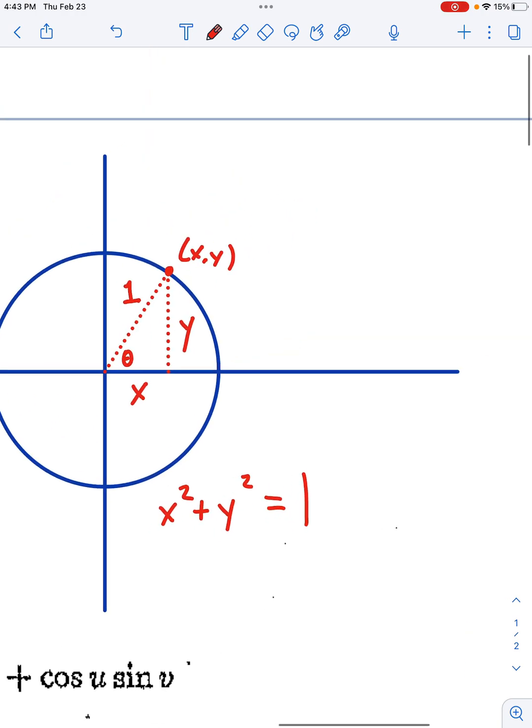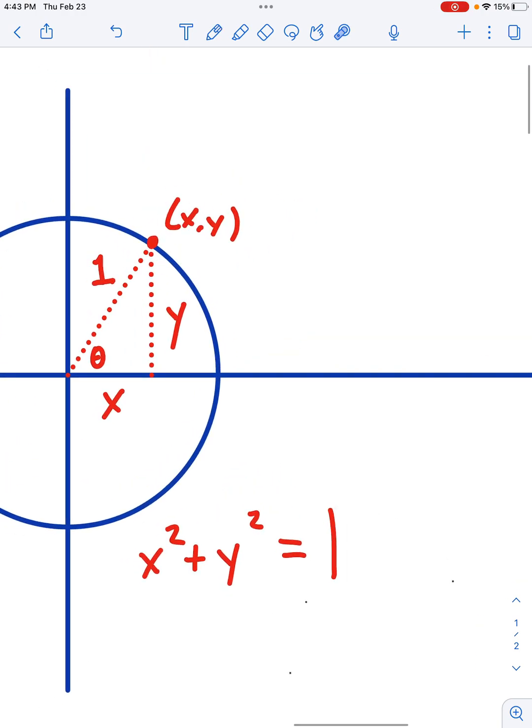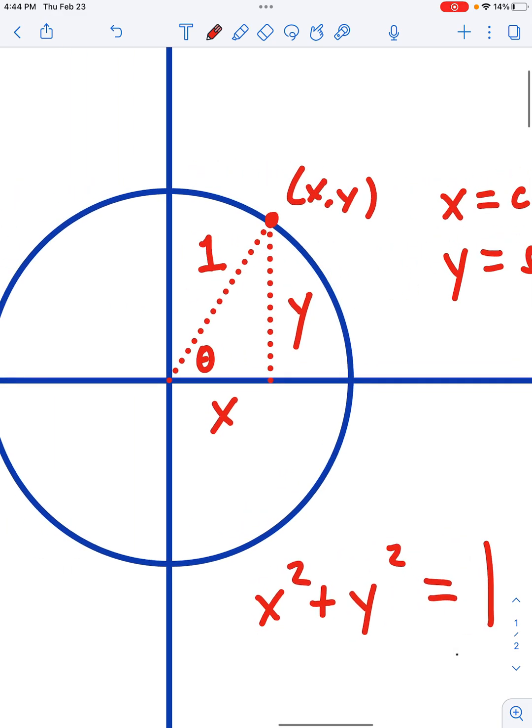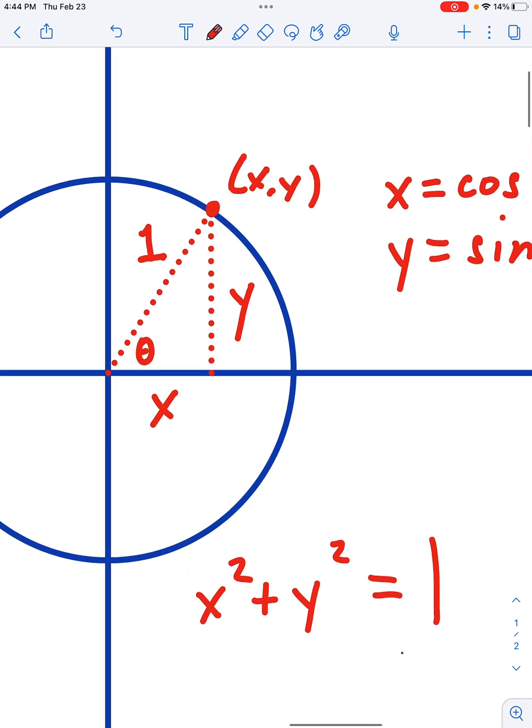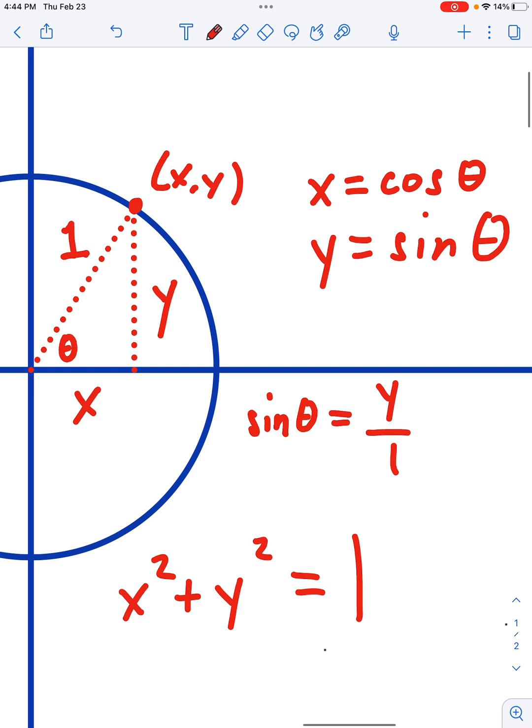But what did I say about these angles? I said it about the quadrantal angles, but it works for any arbitrary angle: x equals cosine of theta, and y equals the sine of theta. And we can see this too if we just look at this triangle. Sine of theta equals opposite y over 1, the hypotenuse.